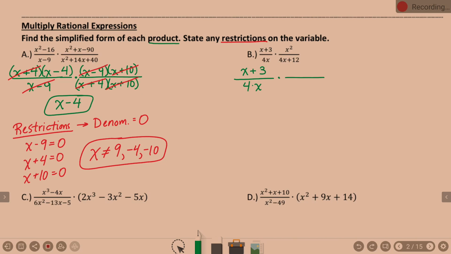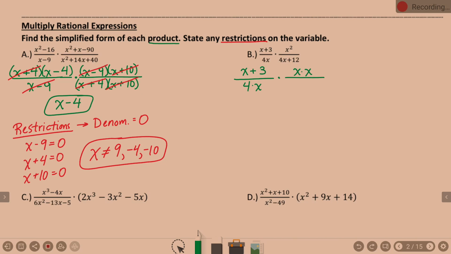Okay, my next numerator, x squared. Well, again, x squared is just one term, isn't it? But here's going to be my hint. X squared is what times what? It's x times x. Think of it that way, if you will. And what about 4x plus 12? Might we have to do a teeny bit of factoring here?